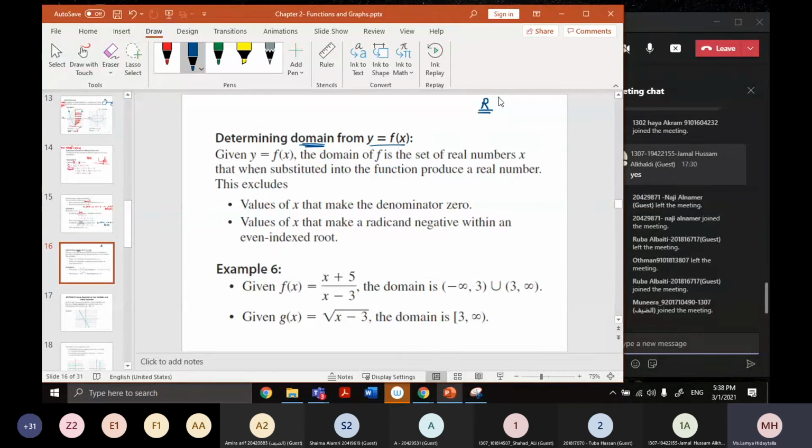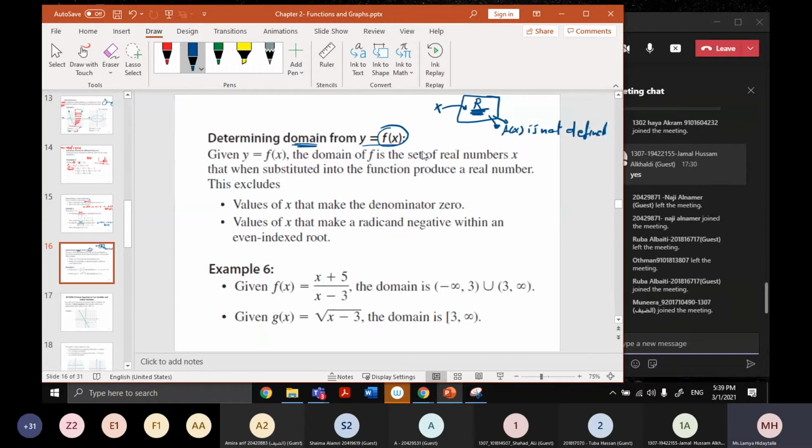You will pick your x from here. So you will consider the whole real line, and you are going to remove from this the points where this function is not going to be defined, the points such that f of x is not defined.